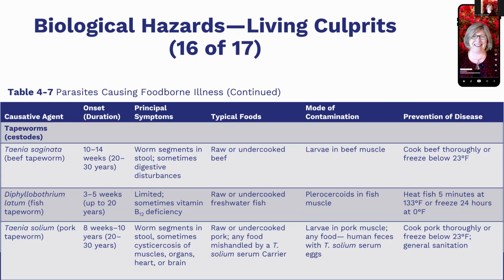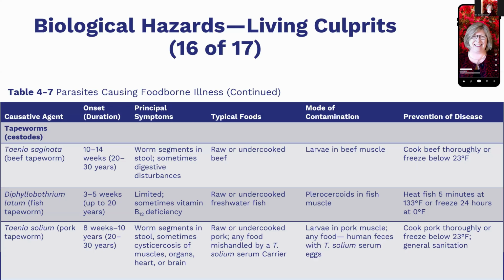Principal symptoms: seeing worm segments in your stool, but sometimes you'll have digestive disturbances. For the fish tapeworm, limited symptoms, but sometimes you'll see a vitamin B12 deficiency. The pork tapeworm, worm segments in the stool, sometimes you'll see cysticercosis of muscles, organs, heart, or brain.